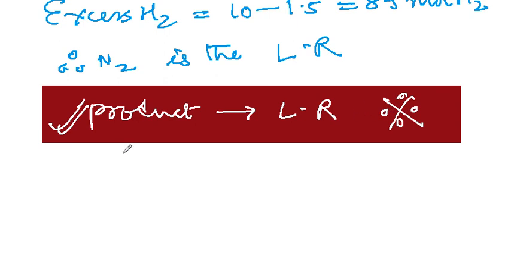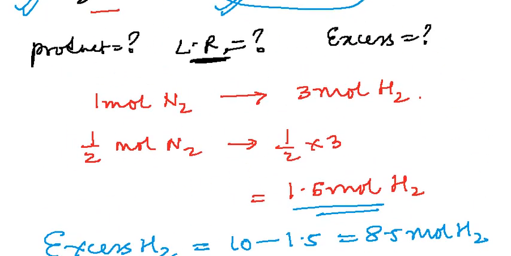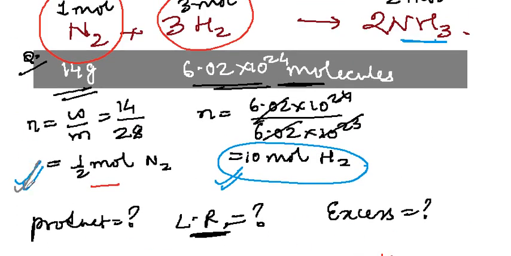Now, the limiting reagent is nitrogen, so the amount of nitrogen that is being provided to us is half mole of nitrogen. According to the half mole of nitrogen, we'll get our product.